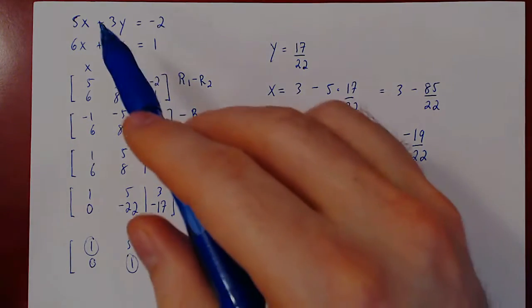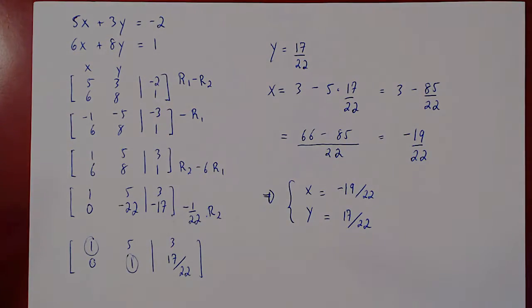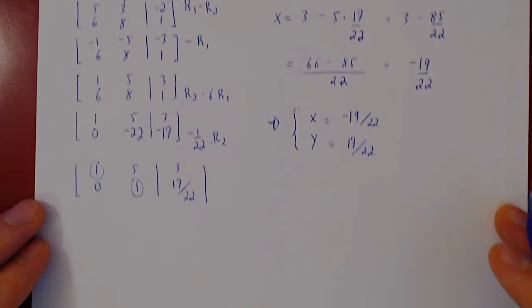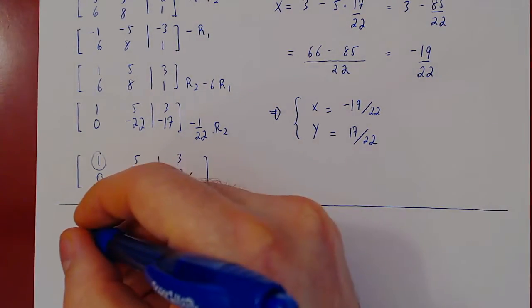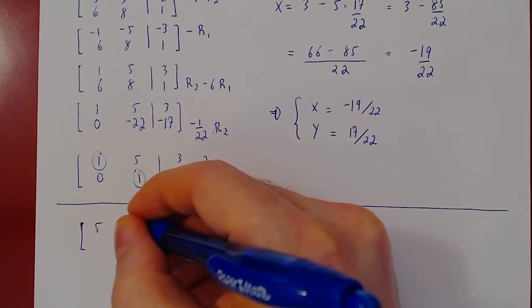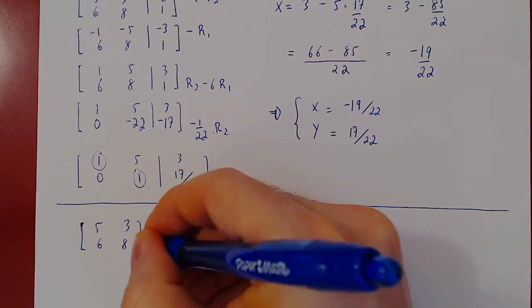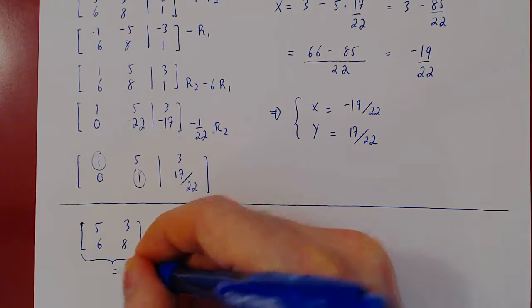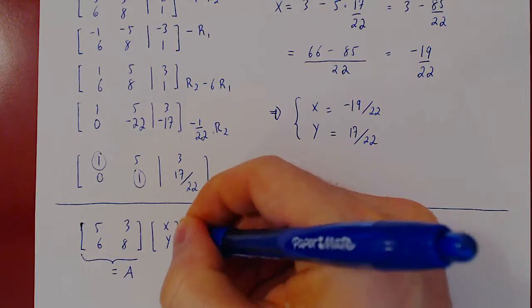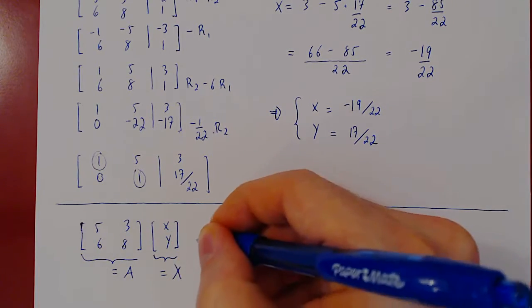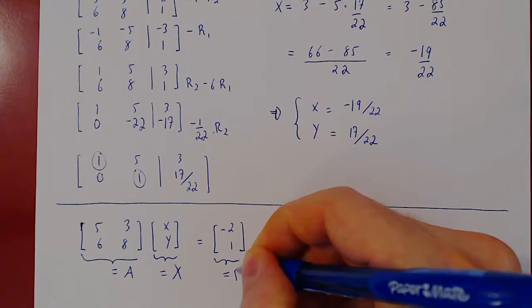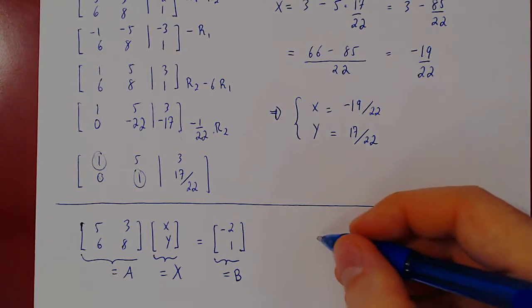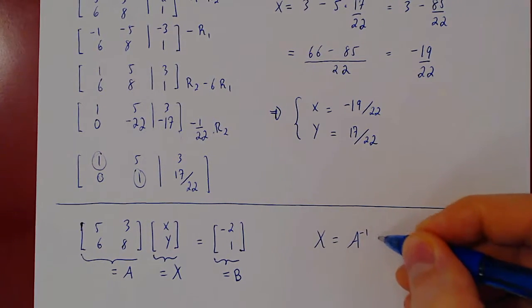Let's now rewrite the system in the form AX equals B, and then solve the system using the inverse of A. So we get 5, 3, 6, 8, that's matrix A, times the vector of variables x, y, which we call uppercase X as always, equals the vector of constants, negative 2, 1, which we call B. This is equivalent to our linear system, and we know that quite simply, X is A inverse times B.